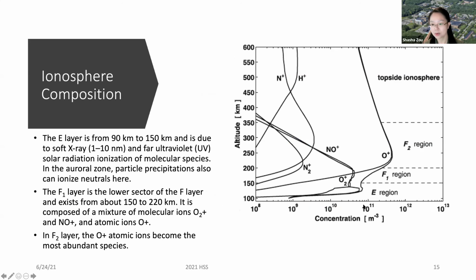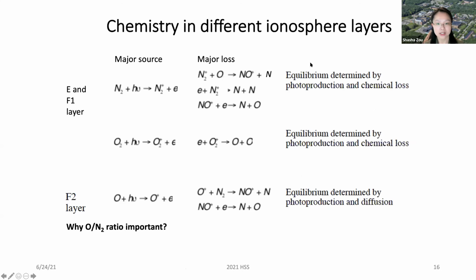Another thing that I want to mention is, you can see the recombination process here involves the ambient neutrals, right? For example, here in the F region as well, the O+ that was generated by the photoionization needs to first charge exchange with the ambient N2 and generate NO+.